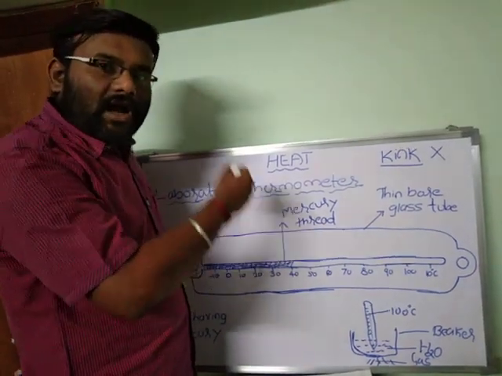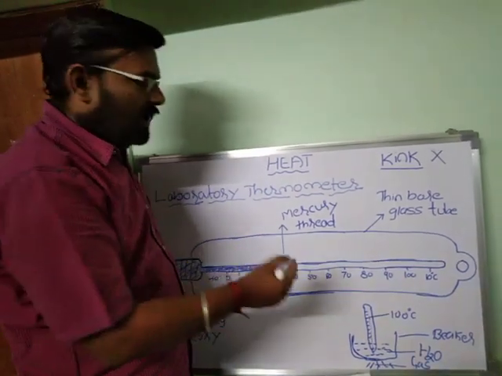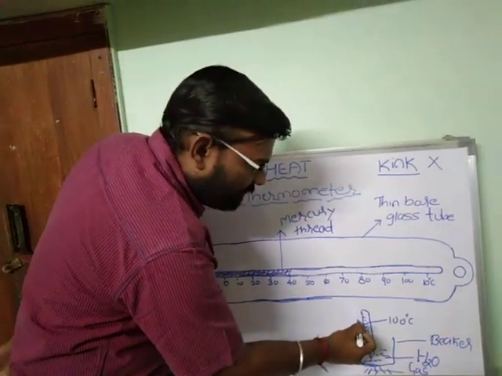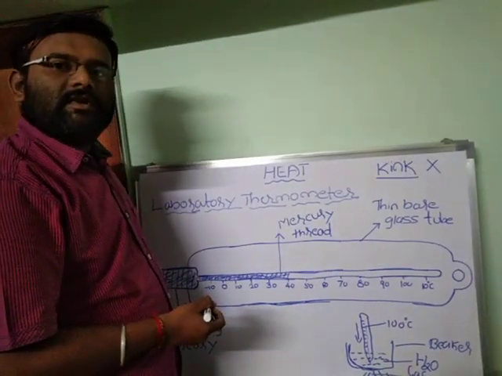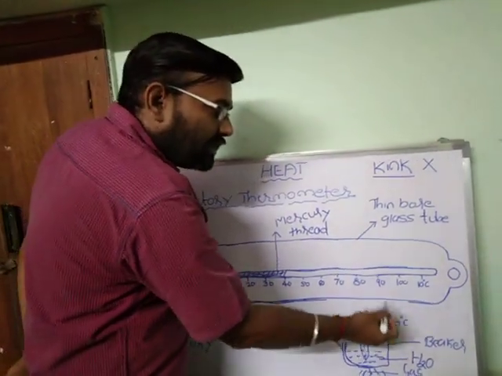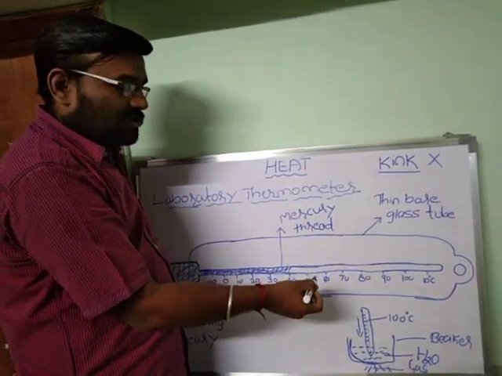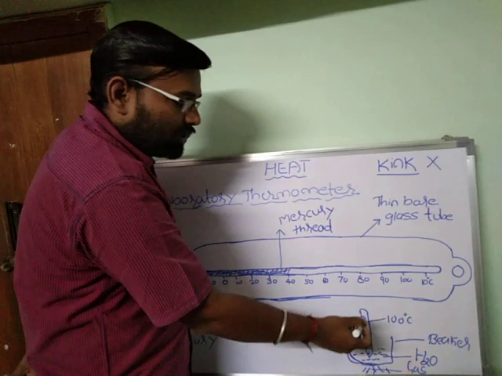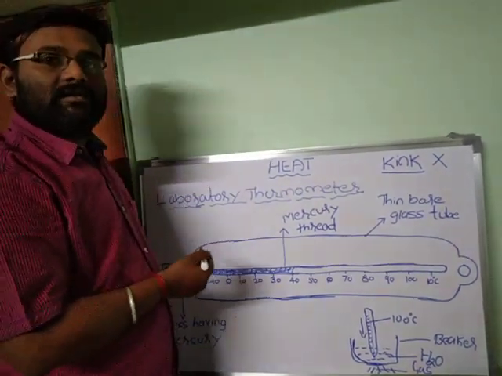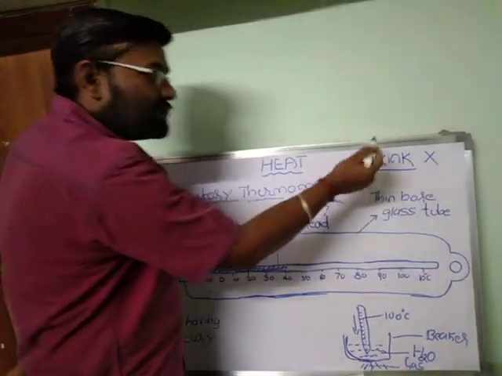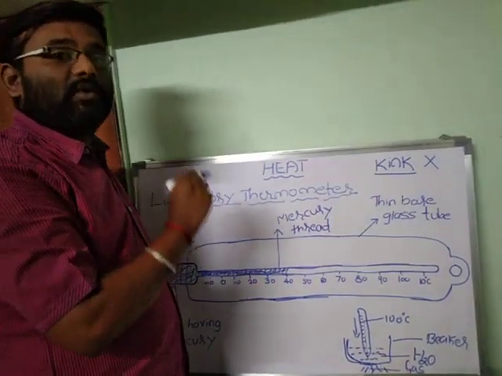Otherwise, the outside temperature starts acting on the thermometer, and the mercury level immediately starts getting low. Then we may not get the exact boiling point of water or any other liquid on which we are doing the experiment. So the kink is not present in the laboratory thermometer. Very important point to note.